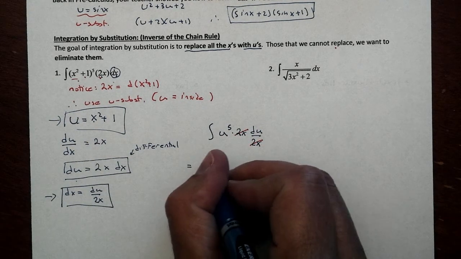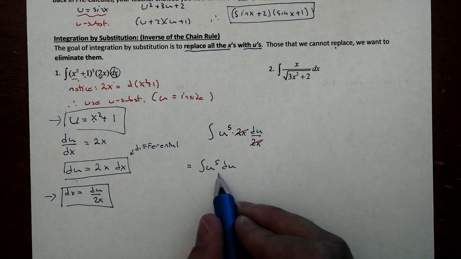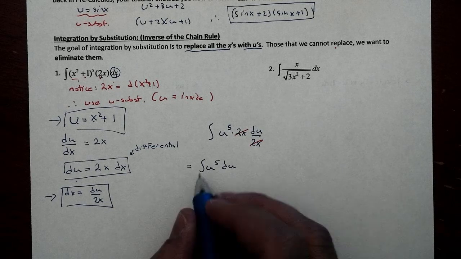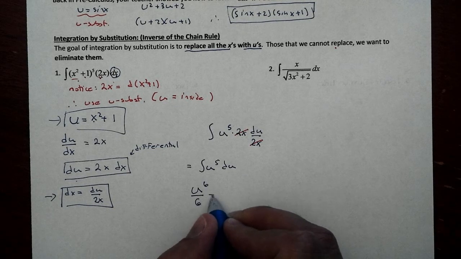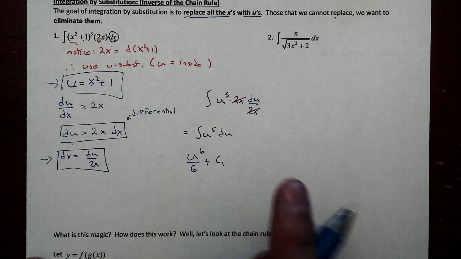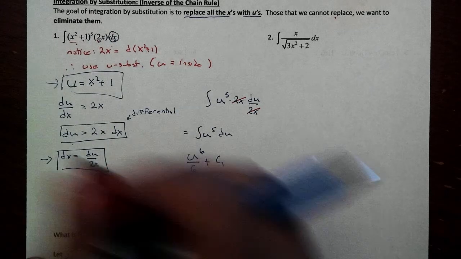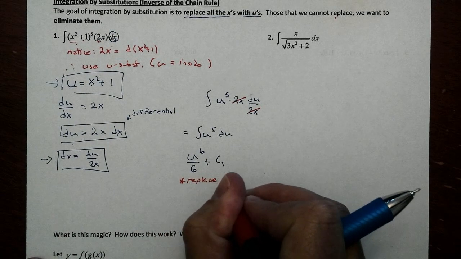So what we're left with now is the antiderivative of u to the fifth du. And this I can use. This is just our power rule. We would get u to the sixth over 6 plus c1, your constant of integration. One last step. We have to replace u. Don't forget to replace your u.